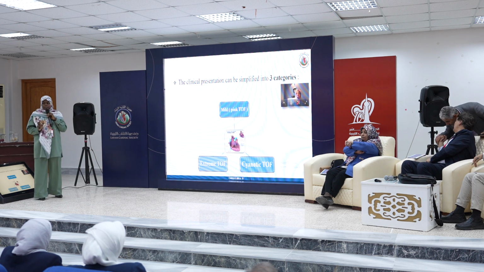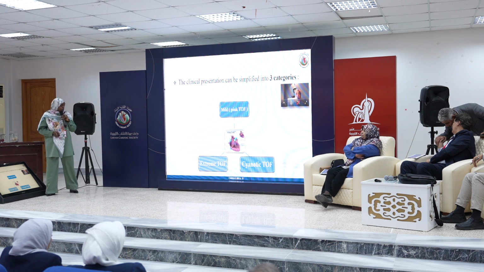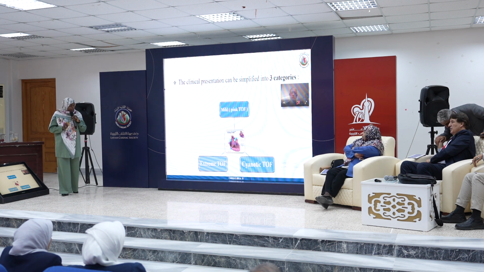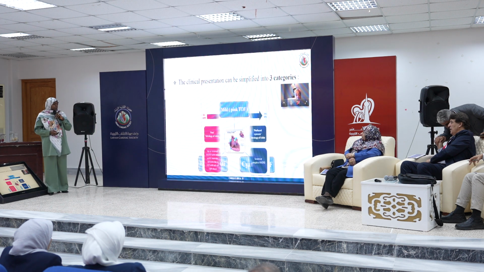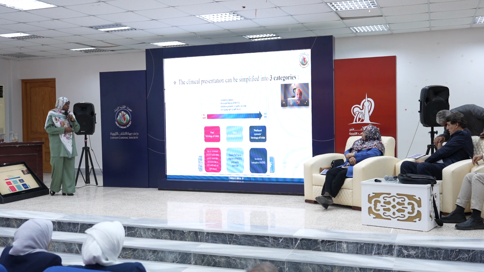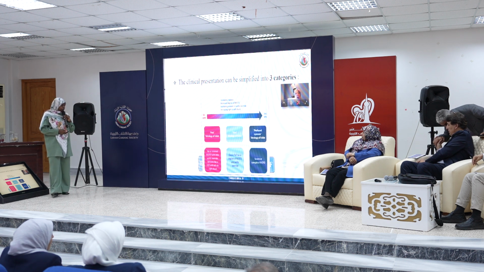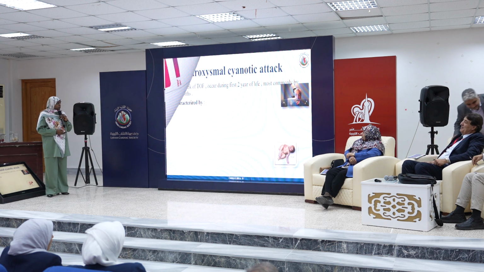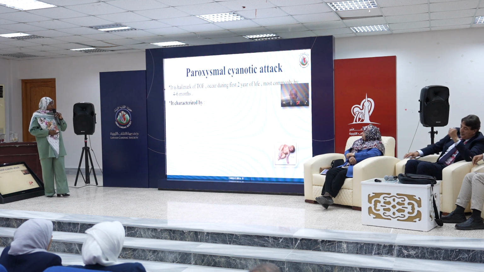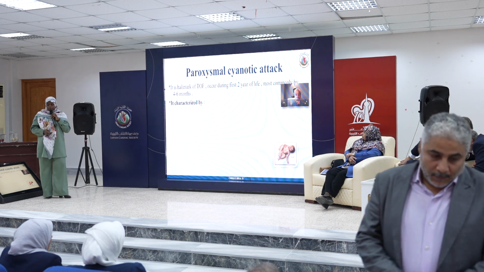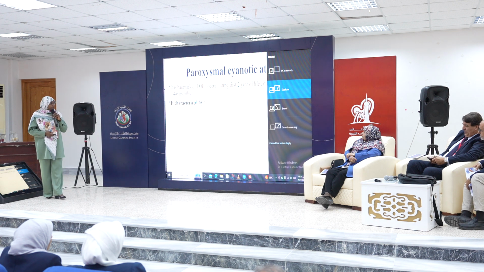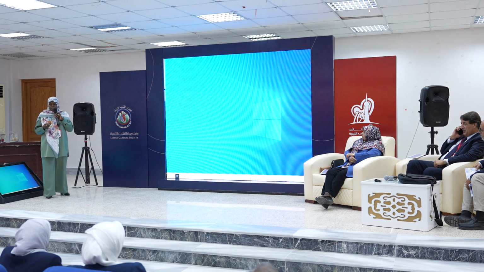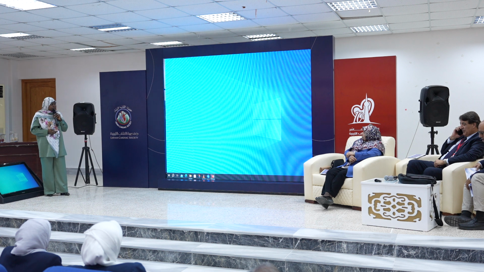Maybe mild, if associated with mild pulmonary stenosis, or classic cyanotic TOF with varying degrees, or extremely severe TOF, presenting early. So there are two ends of the presentation of tetralogy of Fallot. Apart from this, the paroxysmal cyanotic attack, a hallmark of tetralogy of Fallot, occurs during the first 2 years of life, and mainly presents within 4 to 6 months of age.